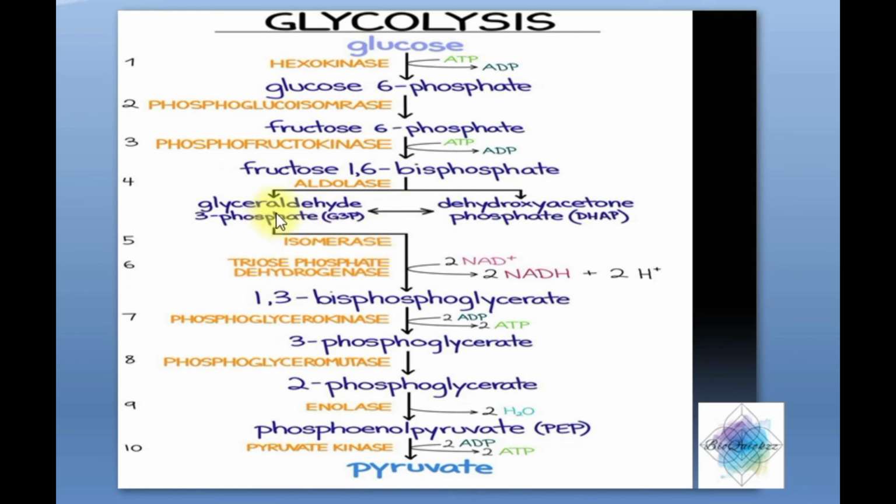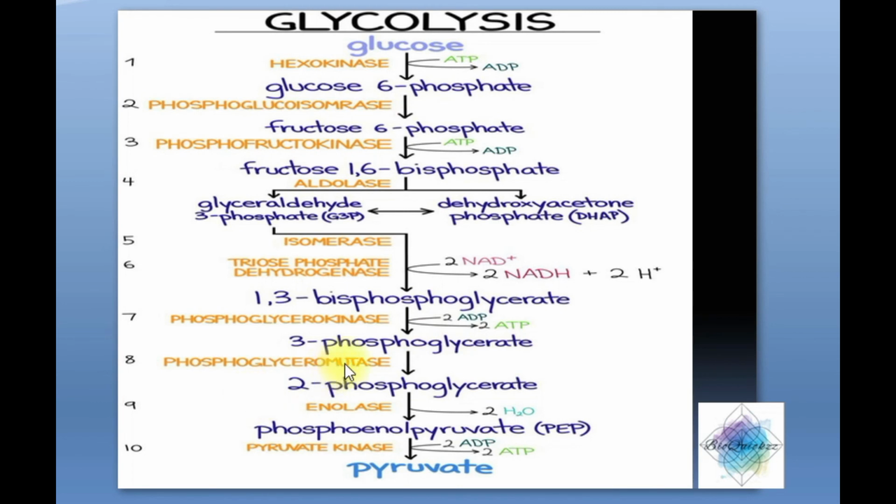Thus, from here we get 2 molecules of GAP. Then glyceraldehyde 3-phosphate changes to 1,3-bisphosphoglycerate. Here NAD plus is required, and NADH and H plus are released. The enzyme used here is glyceraldehyde 3-phosphate dehydrogenase.